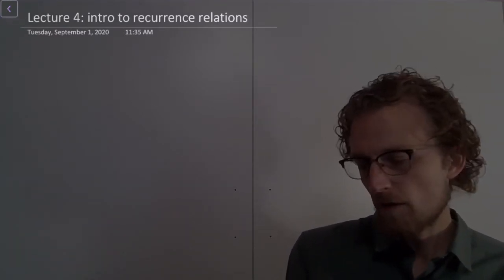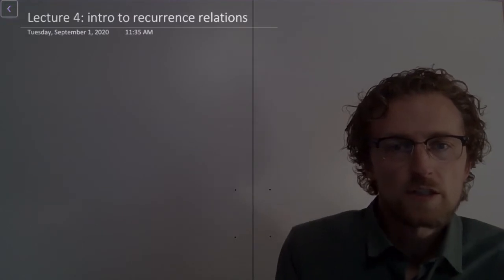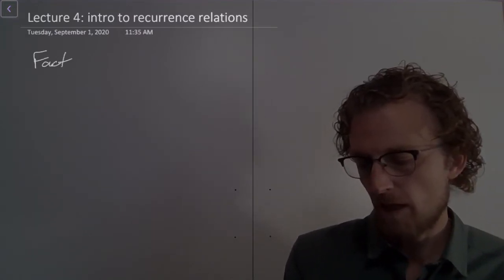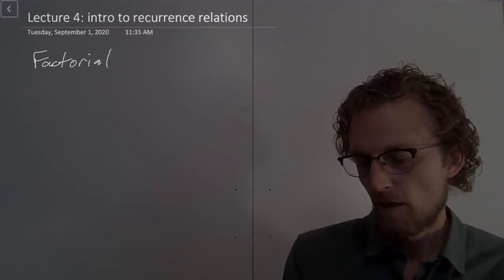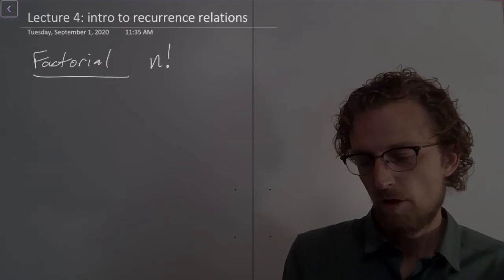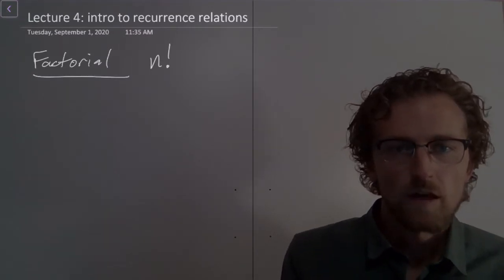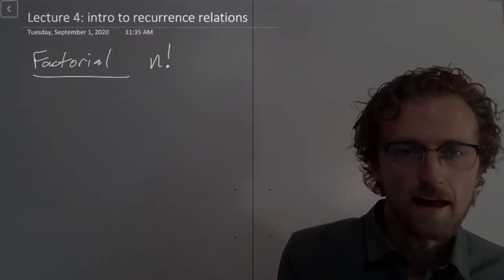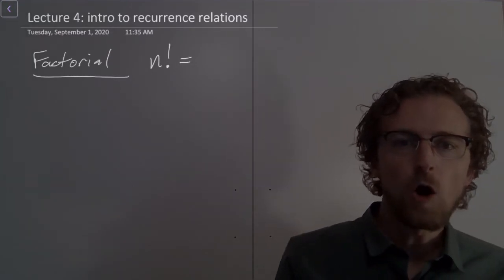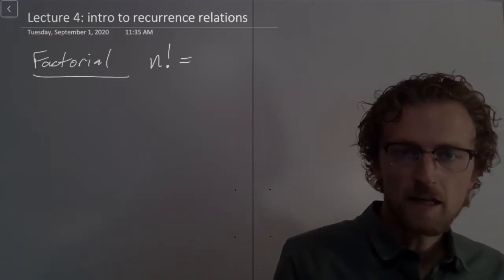So, many of you should know the concept of factorial. Right, so factorial is defined as the following. So I write n with the exclamation point, and that's read n factorial, and that means the product of all the natural numbers n and lower.